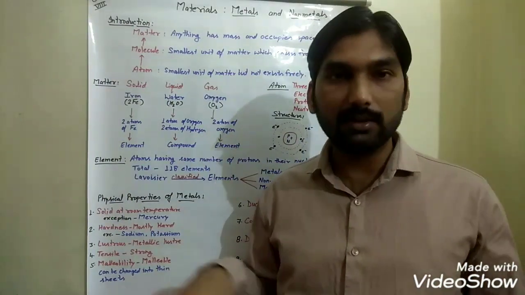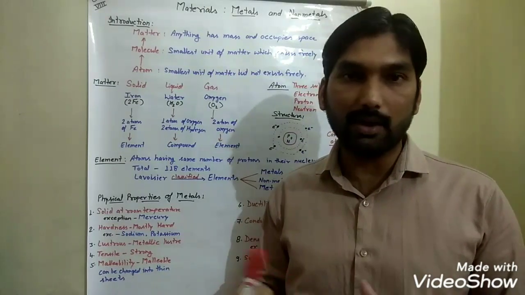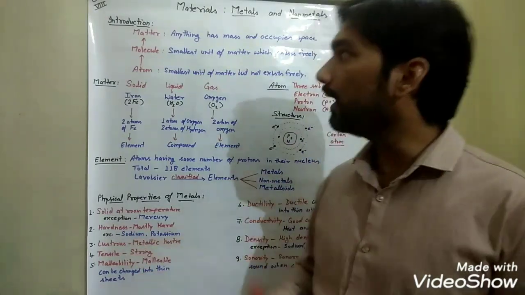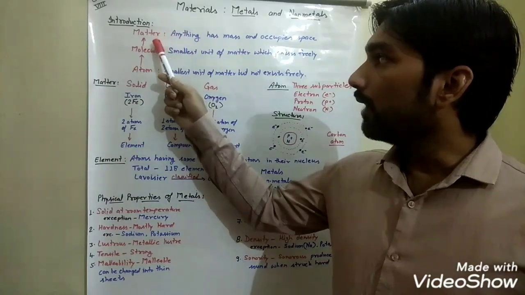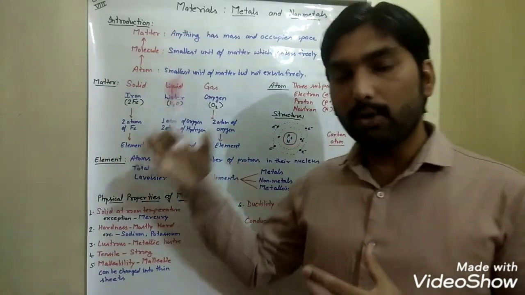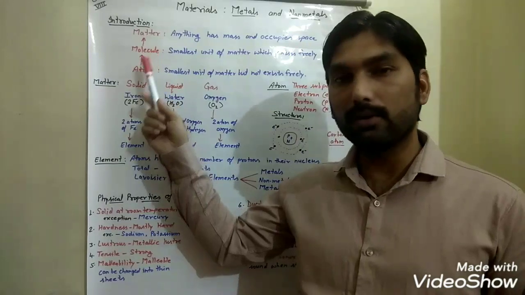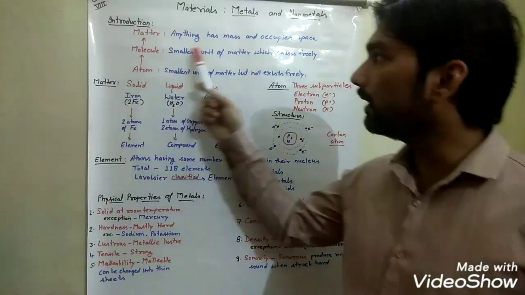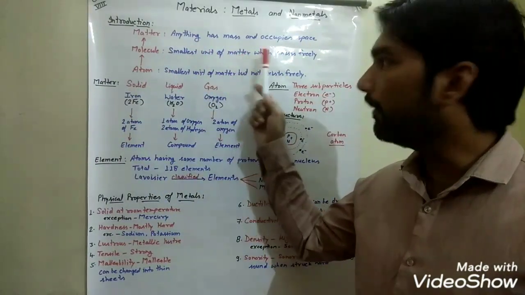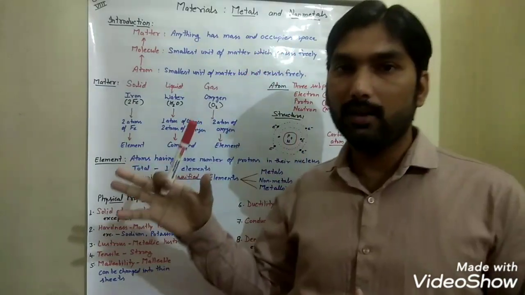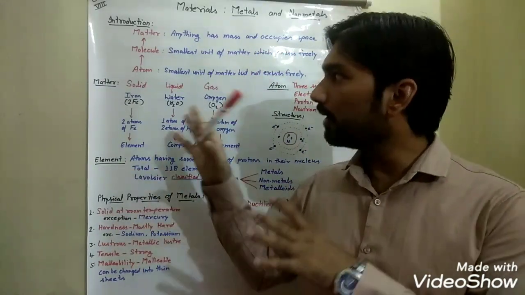So all the things that we observe in our surroundings are matter, and matter is made from small particles known as molecules. Molecules are the smallest unit of matter which exists freely. But this is not the end.